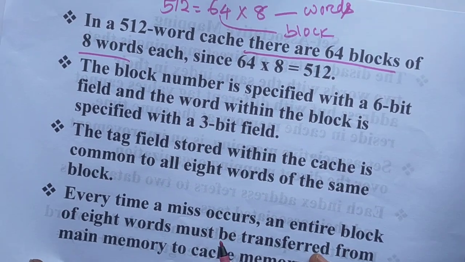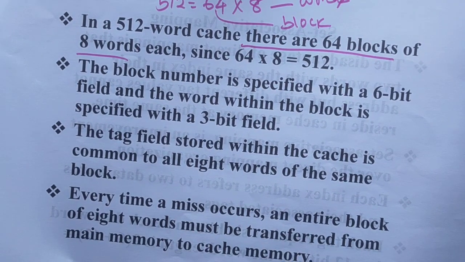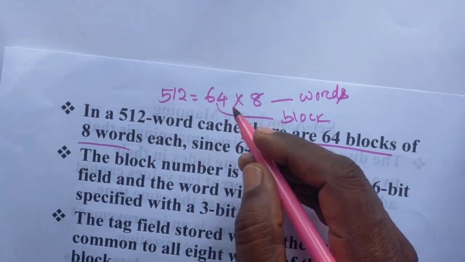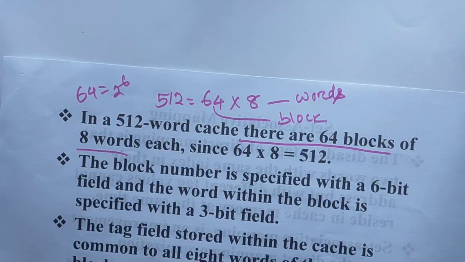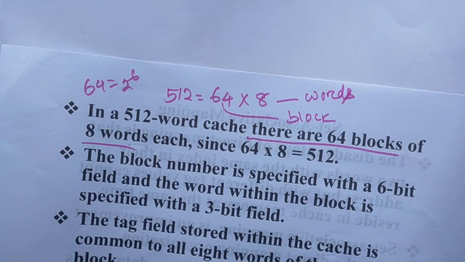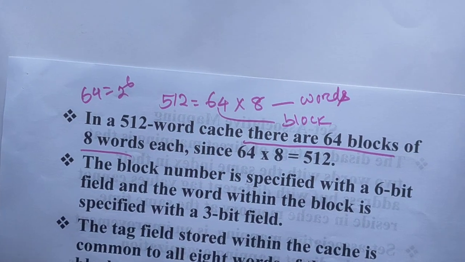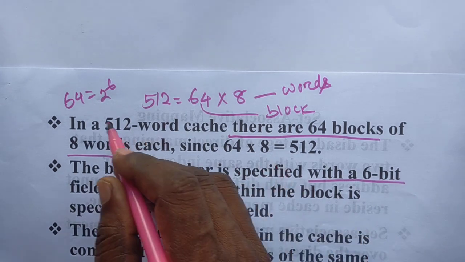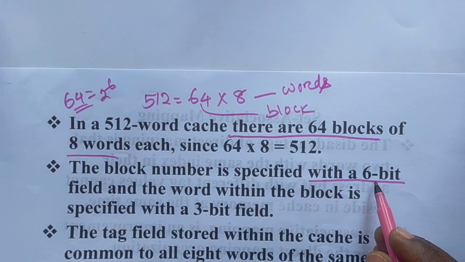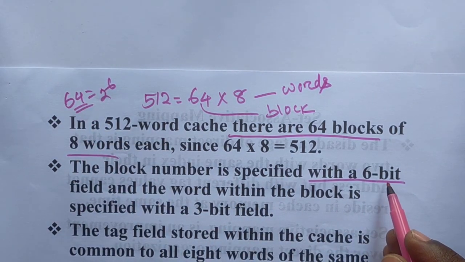So the block number is specified with 6 bits. Since it is 64, 64 is 2 to the power 6. So 6 bits are required. Whenever we define the block field, it contains 6 bits because 64 blocks are required.